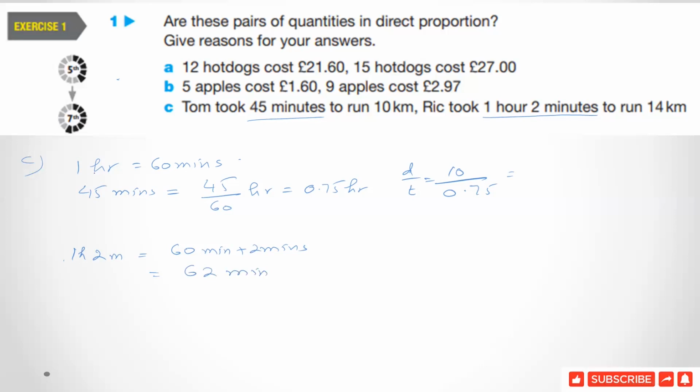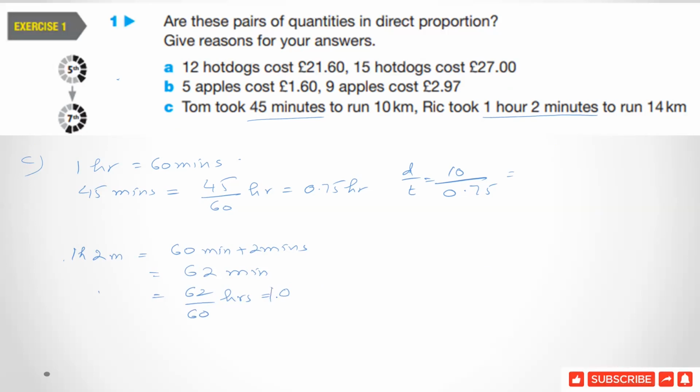As we already know, 1 hour is equal to 60 minutes. So we convert this 62 minutes into hours. It becomes 62 upon 60 hours, which is 1.03.